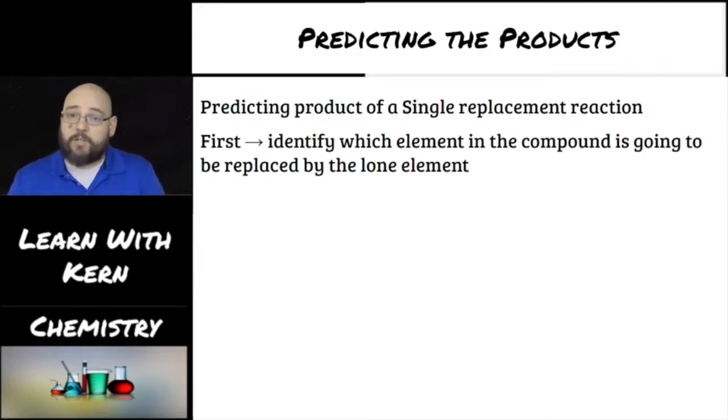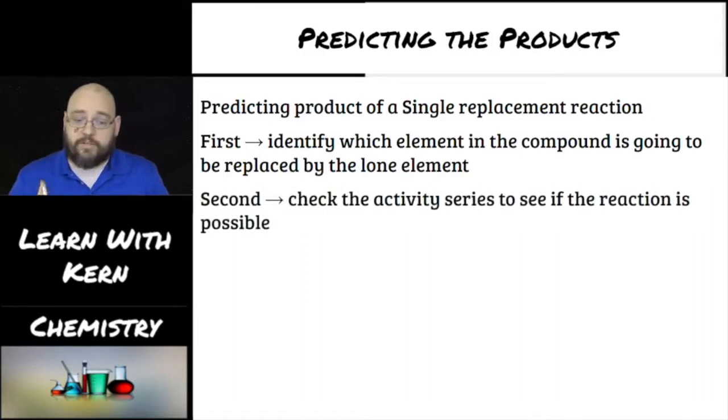If the lone element is a metal, then it's going to be replacing the cation in the compound. If the lone element is a nonmetal, then it's going to be replacing the anion. So you have to pay attention. Is my element a metal and therefore going to replace the cation, or is my element a nonmetal and therefore going to replace the anion? That's the first thing you need to look at.